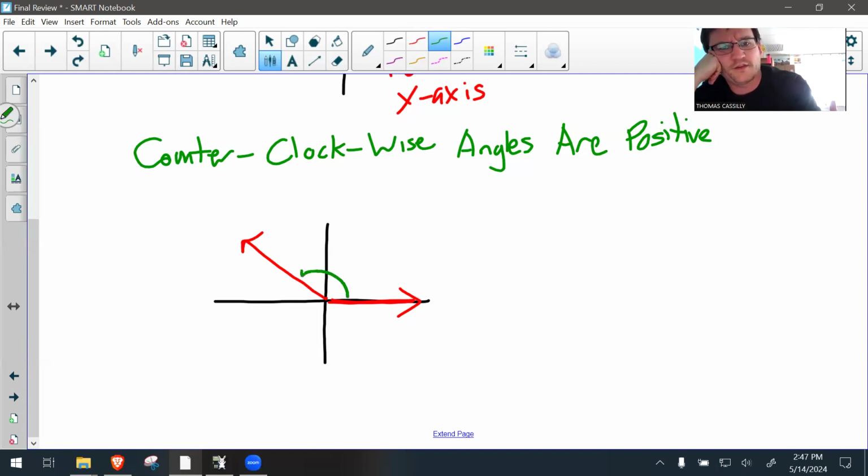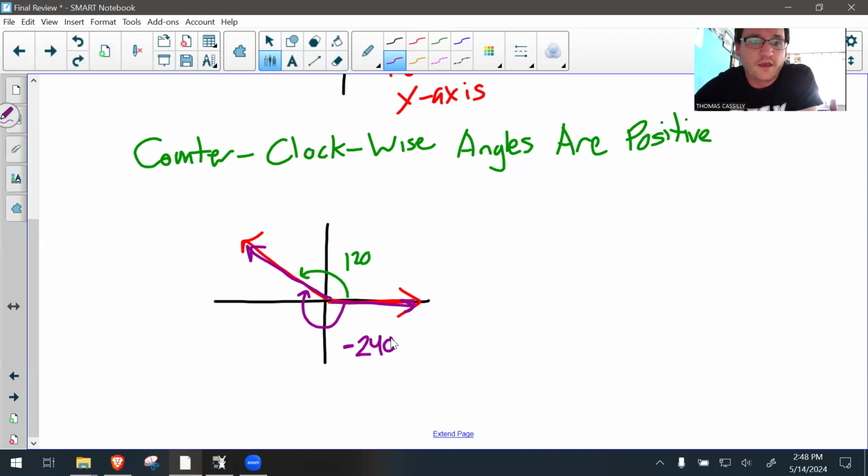I can have a coterminal angle, which means it ends in the same spot. I'm not talking about the small angle, I'm talking about the big angle. This is a negative 240-degree angle. They end at that same spot.